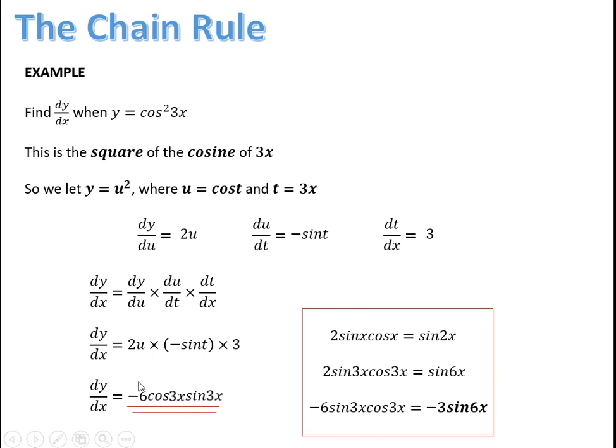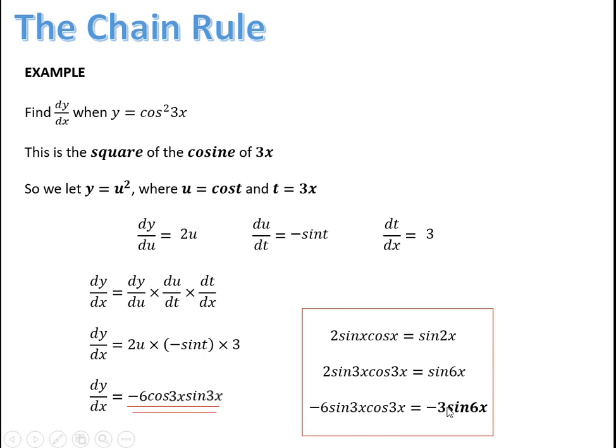That's equivalent to what we've got here, in which case we could, if we wanted to, simplify it to minus 3 sine 6x. For the purpose of this, that answer is fine. But in future, if you're checking answers, you might find that the answer given in a textbook is something like that, and that's how you get to it.